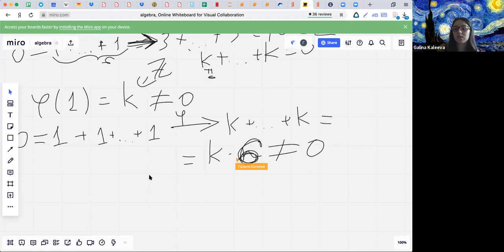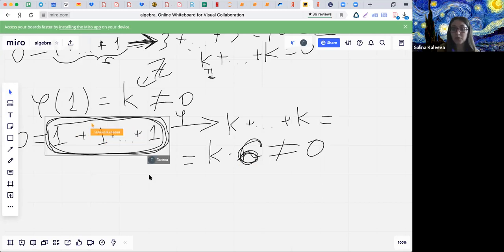So we cannot build any non-zero homomorphism in this case, because here some non-trivial sums of elements are zeros, because their reminders are zero. And here, every non-zero sum is non-zero in the integers. So the only homomorphism I can build here is the zero homomorphism.